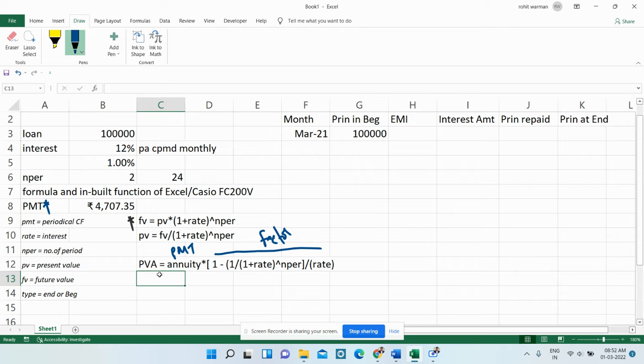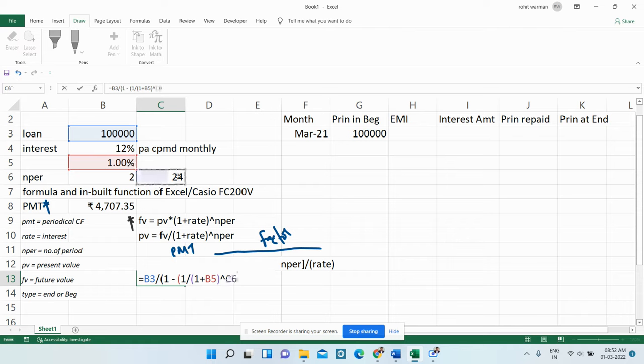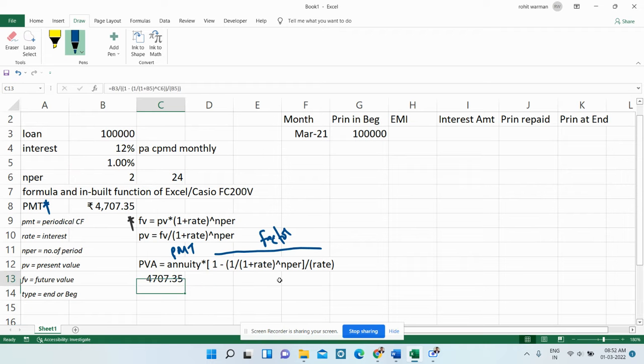I'll directly put here 1 lakh divided by 1 minus 1 divided by 1 plus rate raised to 24 months, and again divided by rate. So if I enter, we are getting the same.